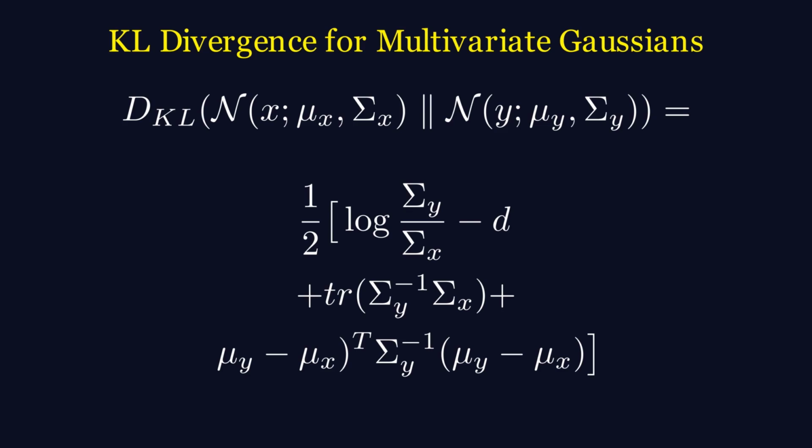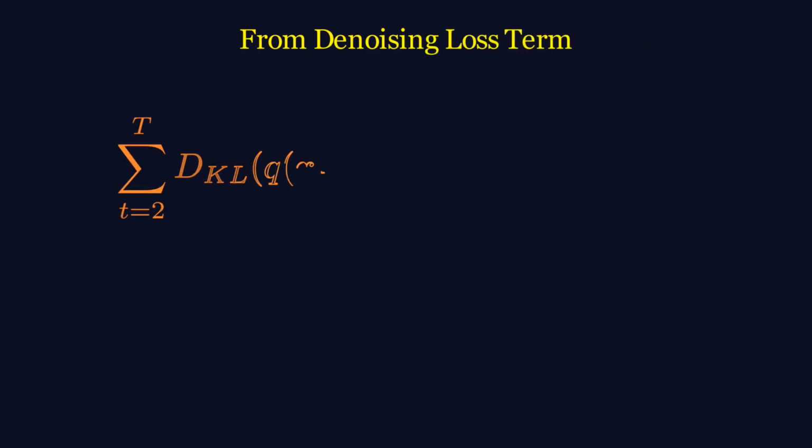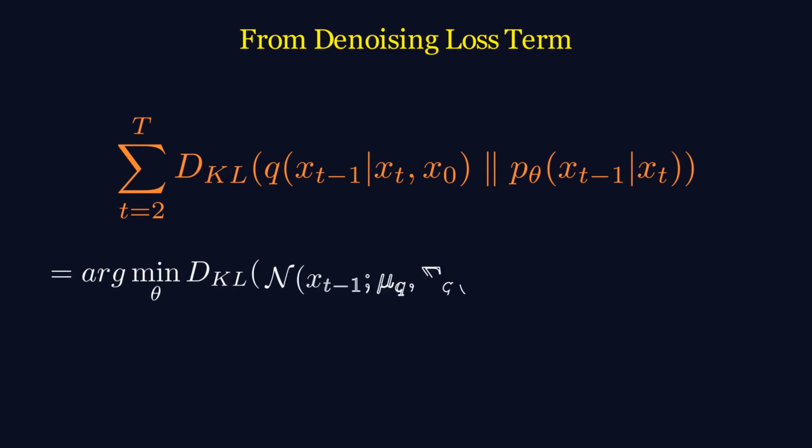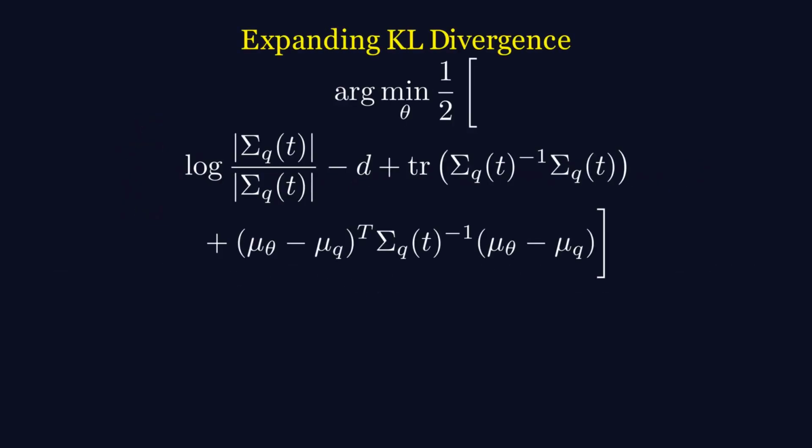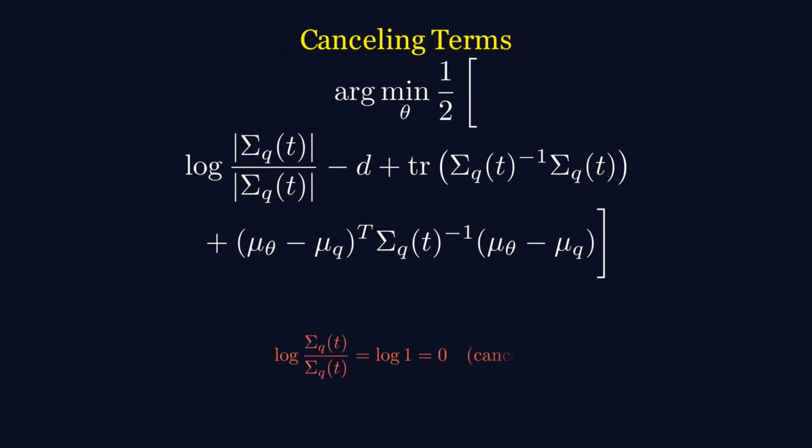From the denoising loss term, our denoising loss wants to minimize this KL divergence. We can rewrite it as an argmin over our model parameters theta. So now we expand our KL divergence and write it in a similar manner with the four terms. Now the first term, the log ratio of identical covariances, is log of 1 equals 0.